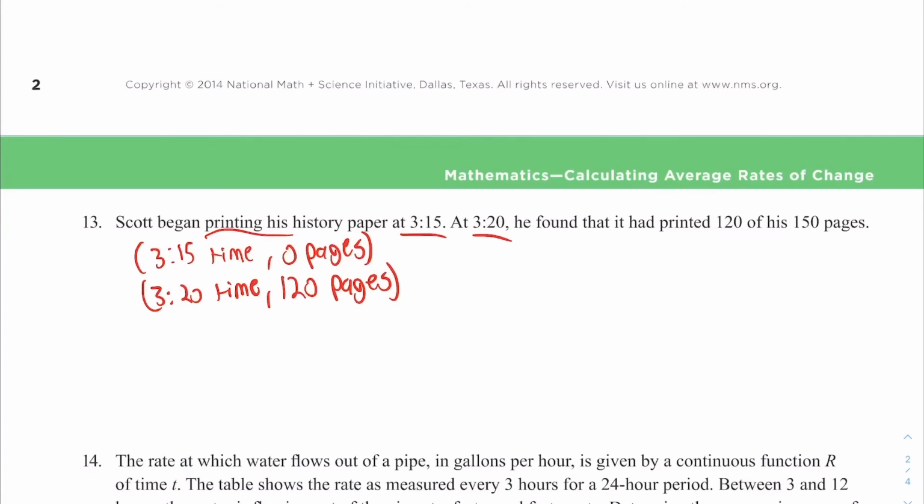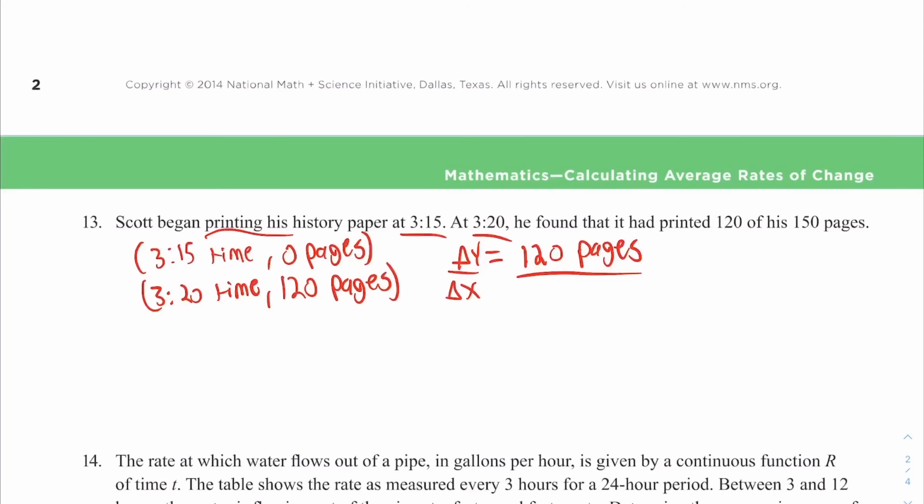Let's just find the change in the y's, and maybe we can skip a step here. The difference between 0 and 120 is 120 pages. Because if you subtract 0, that's not going to change anything. Now let's find the delta x from 3:15 to 3:20.